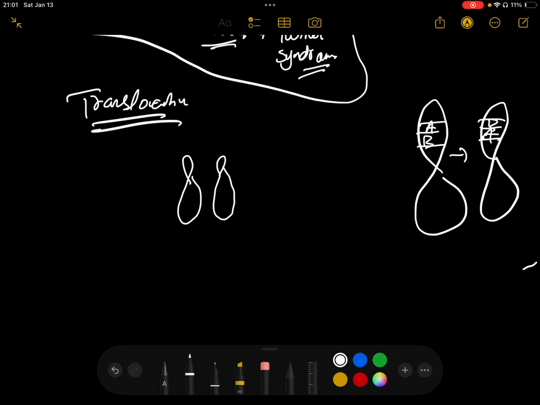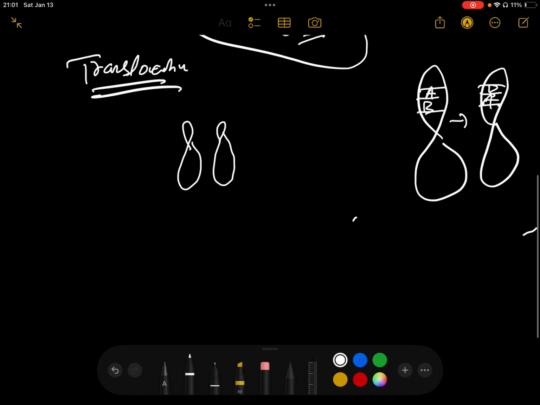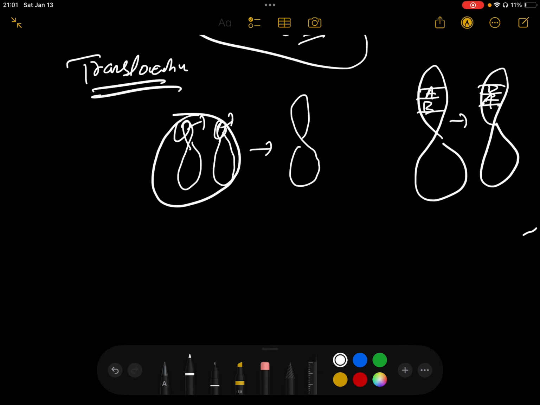If both chromosomes merge with each other, it will be like this, and that short arm will get lost, and this part gets merged with each other. So this is translocation. A person having this type of structural aberration will show characteristics similar to Down syndrome.